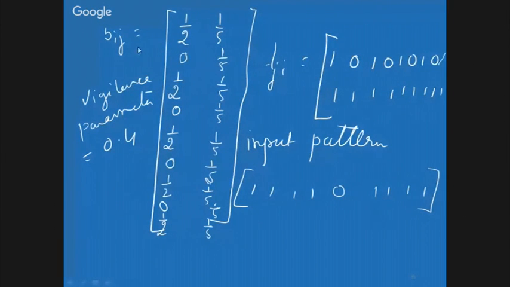One value is your n, n is equal to 9, right? Now L also you want, L is equal to 2, and rho, that is your vigilance parameter or vigilance threshold, is equal to 0.4, right?